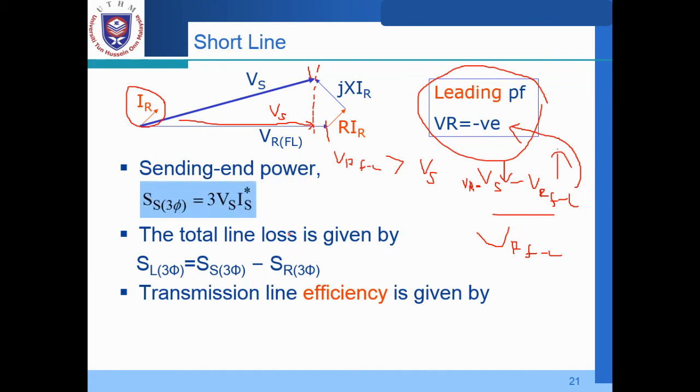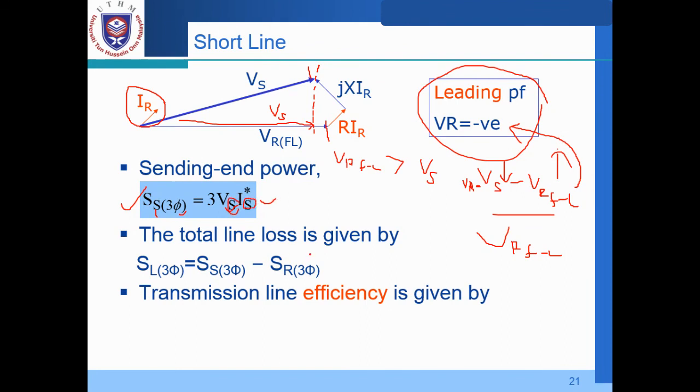So this is the sending end power equation. The apparent power S, where the subscript S stands for sending, for three phase is 3 multiplied by VS times IS conjugate, all sending values.